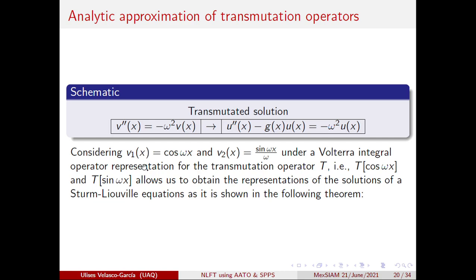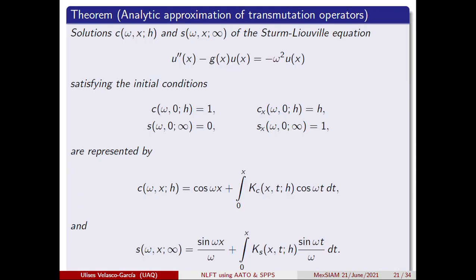So if we consider two particular solutions, for instance, the cosine of omega x and sine of omega x divided by omega, we can obtain a Volterra integral representation of the transmutation operator.